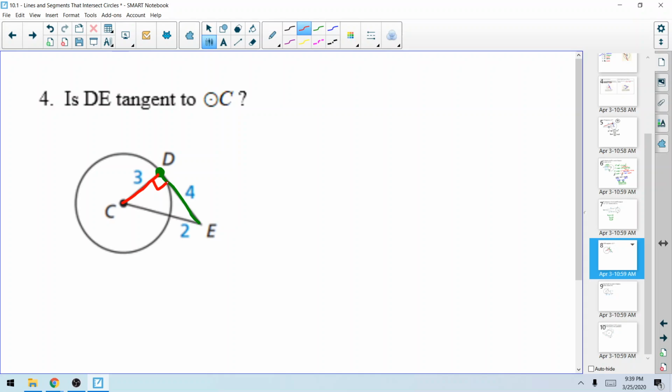Okay, so we can test that with the Pythagorean theorem, but the tricky part here is they gave you this 2. This 2, if you're curious, is only right there.